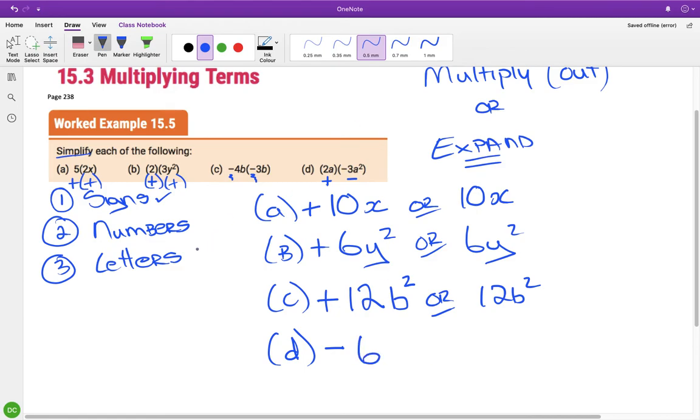And the last thing we're going to do is the letters. So we have an a here and we have an a squared here. This a squared means 2 a's, and then we have an a here. So how many a's do we have in total? 1, 2, 3. And we write that as a cubed. So that last one there is 6a cubed.